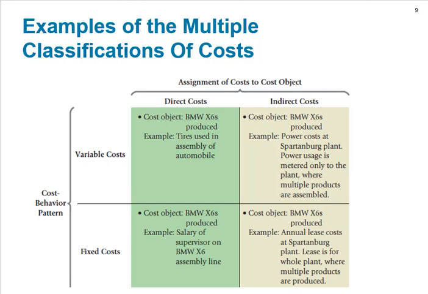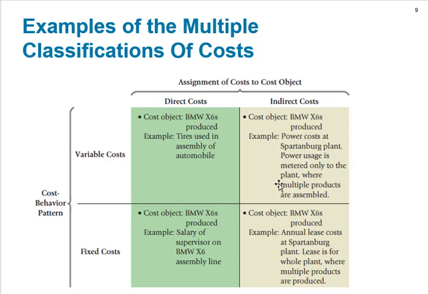So here, they're using the BMW again. You can see examples of the combinations that can occur for direct, indirect, and variable, fixed. A direct variable cost would be tires. An indirect variable cost would be power at a plant.